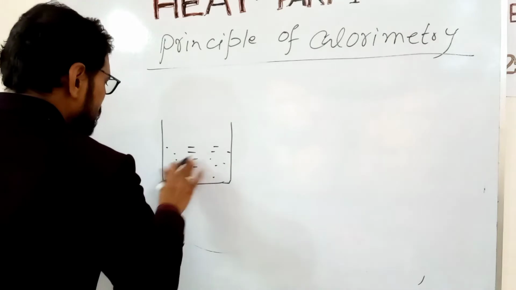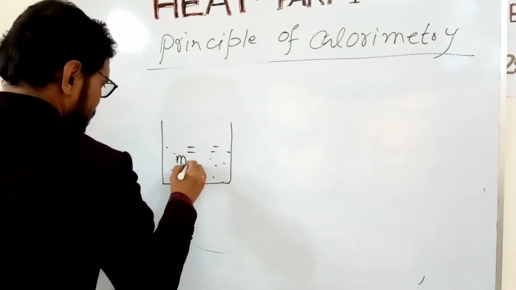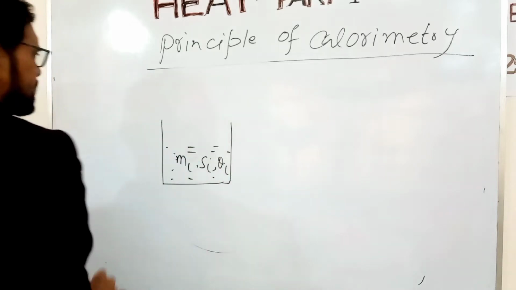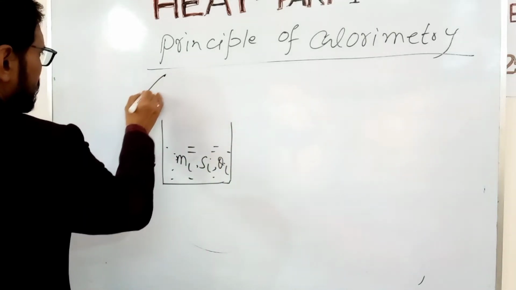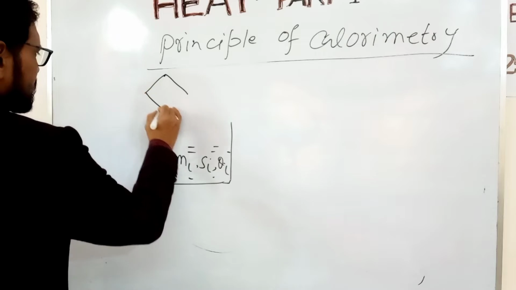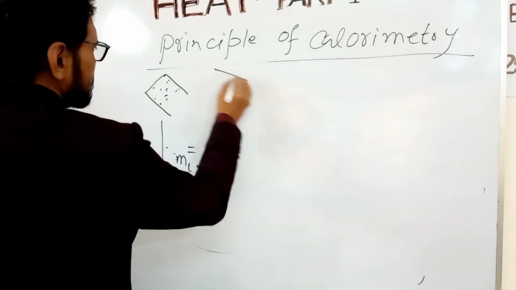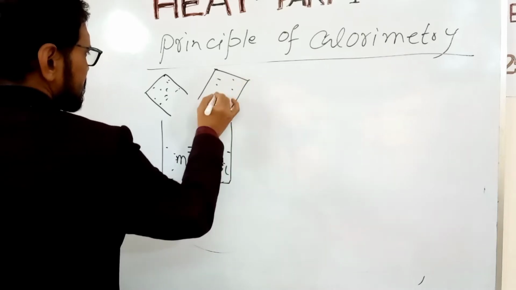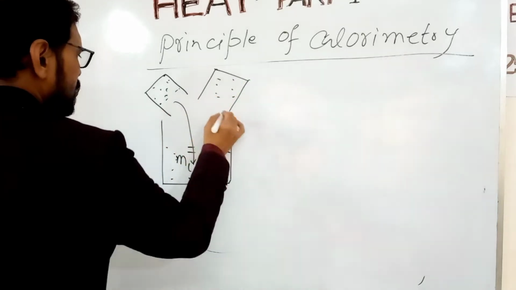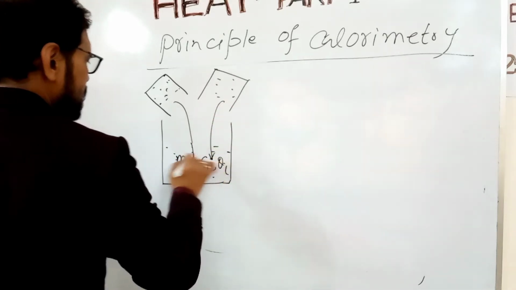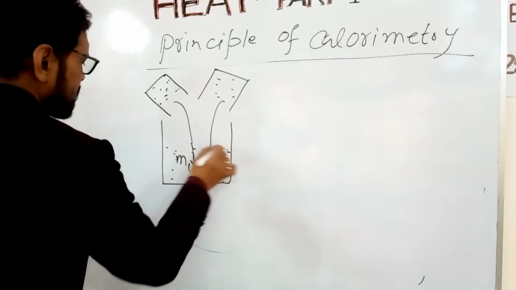Now the mass of this liquid is M L, specific heat S L, and temperature is theta L. Here two liquids are poured, two liquids are put in this container.